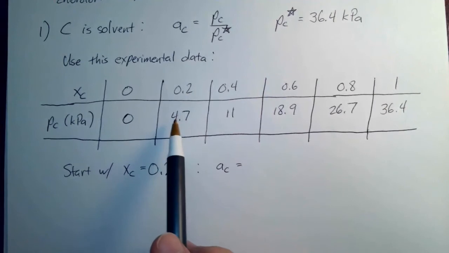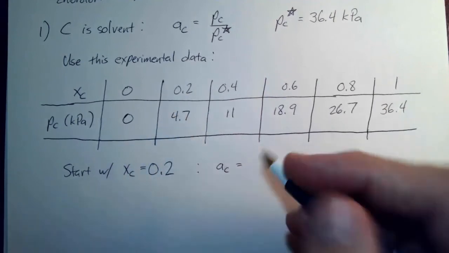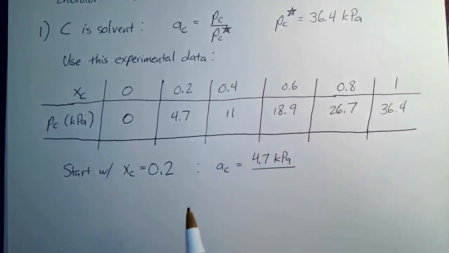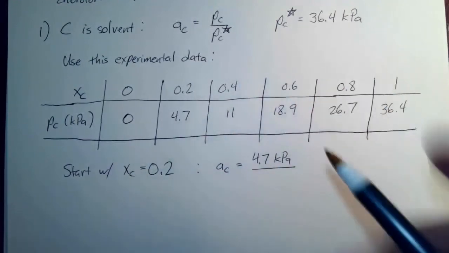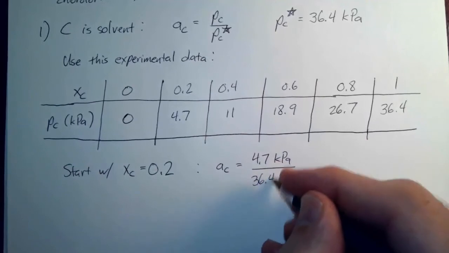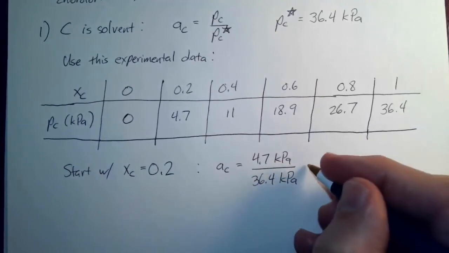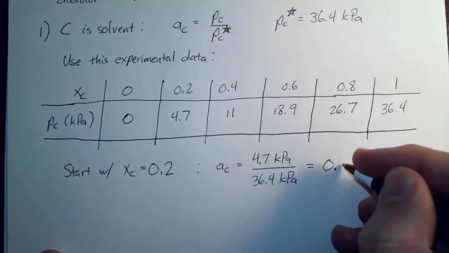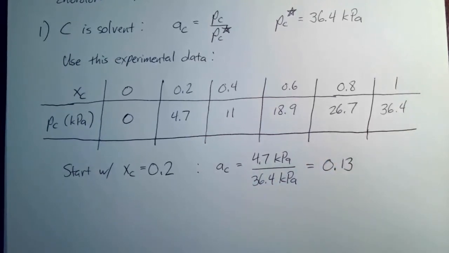And it's going to be this experimentally measured value, PC, which was 4.7 kilopascals, divided by PC star, which is 36.4 kilopascals, which comes out to 0.13. That's the activity at this mole fraction.